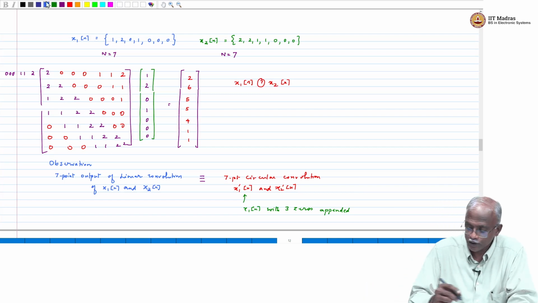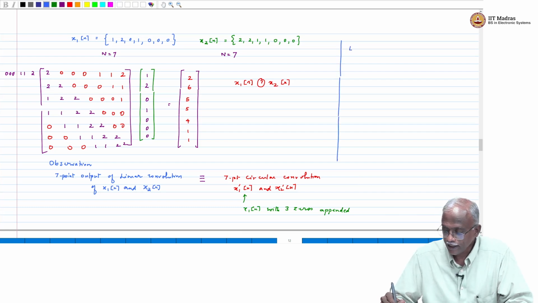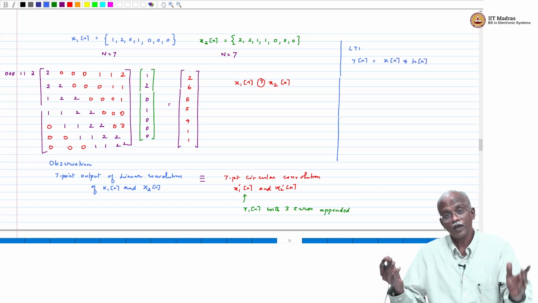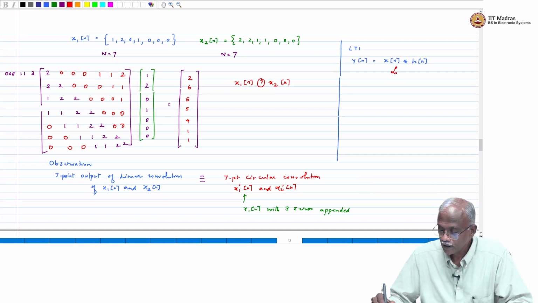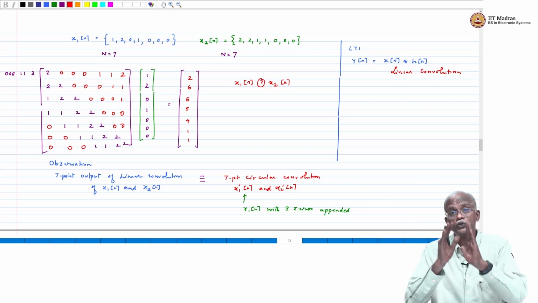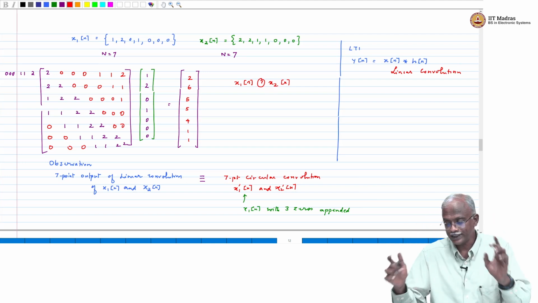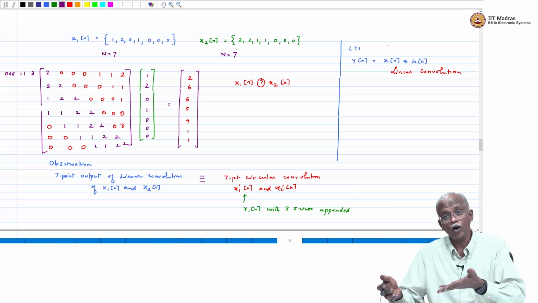So, here is a small box that I want you to keep in mind always. Okay, LTI systems, the input-output relationship is y of n equal to x of n convolved with h of n, right? Now, this is linear convolution. Okay. Now, if you are going to use the properties of the discrete Fourier series, then we can say that we will look at the periodic versions of these signals.